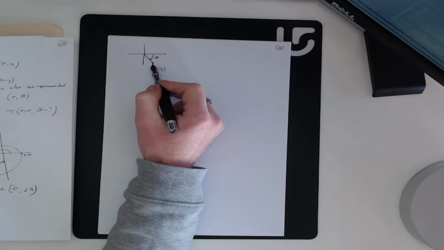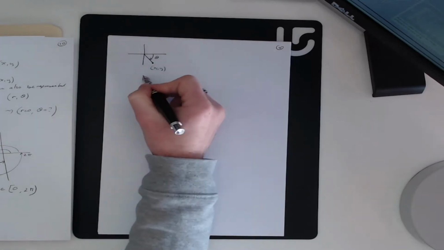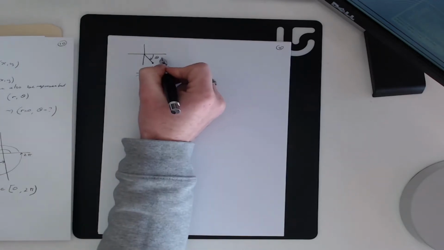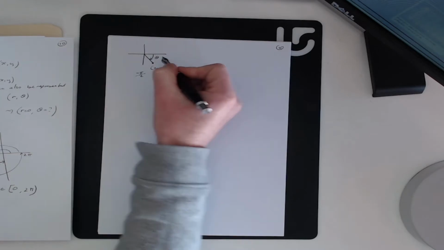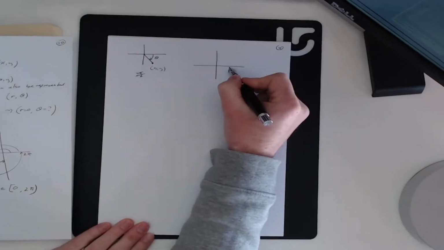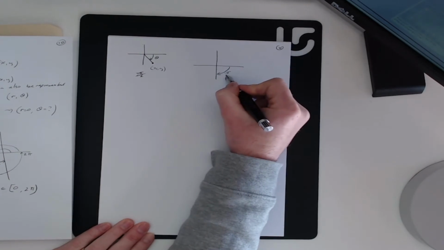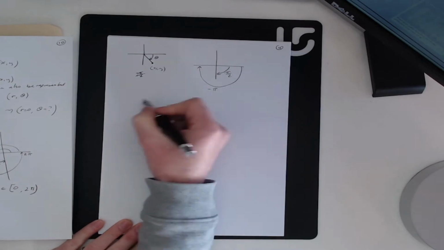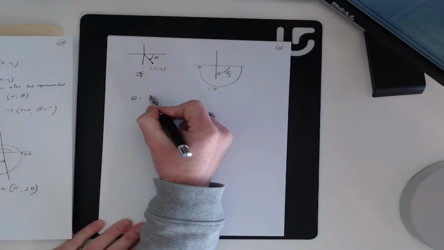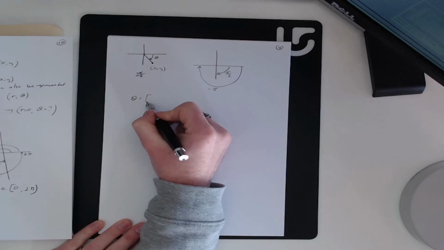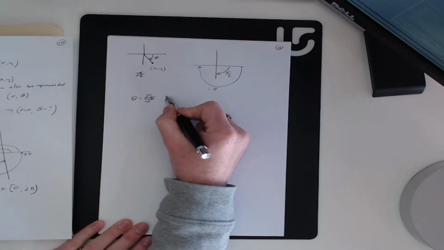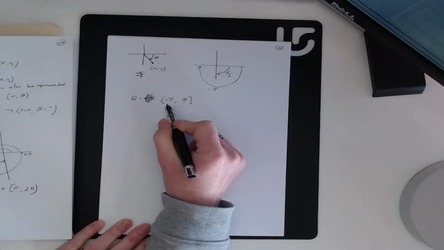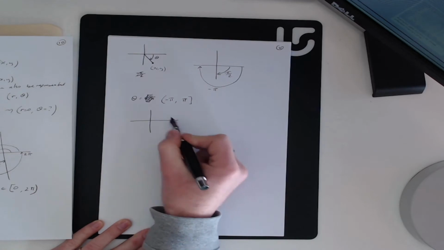So this is a negative angle, and going backwards this would be minus pi over 2, and the negative angle all the way over here would be minus pi. So in this case, if you want to measure like this, theta would be between minus pi and pi.